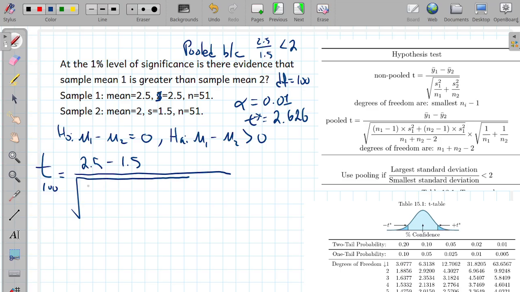So n minus 1 for the first sample is 50. And then we're going to multiply by the variance, which is 2.5 squared. That'll be 6.25, but you can check that on your calculator. Then we have 50 again, and 1.5 squared. Well, that'll be 2.25. And we're going to have 51 plus 51 minus 2. So this is where we got our 100 degrees of freedom from.